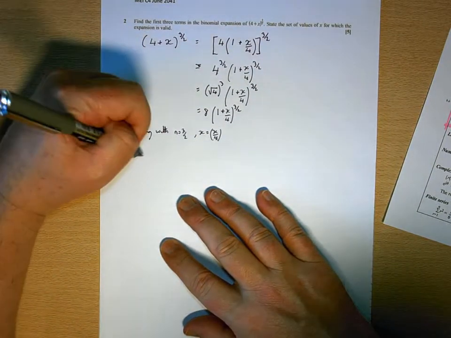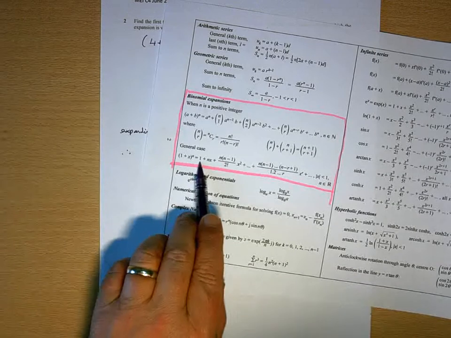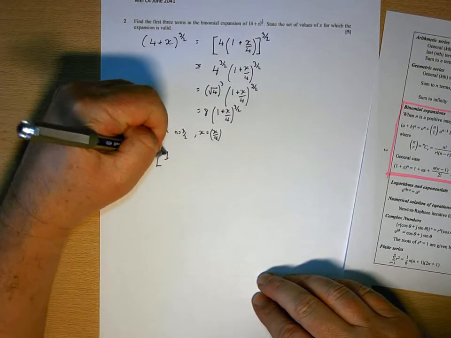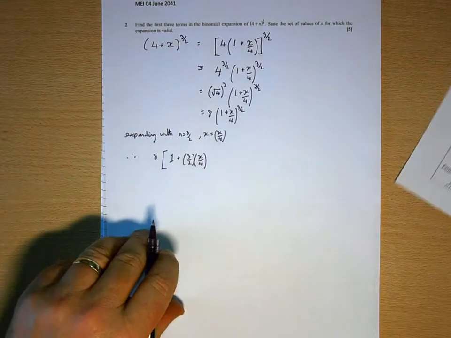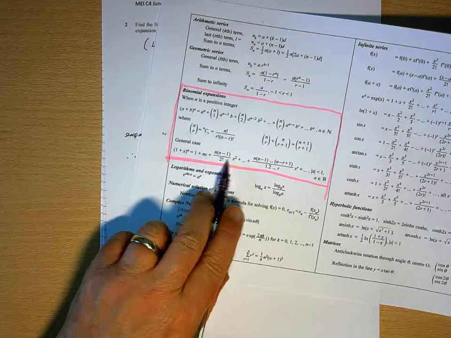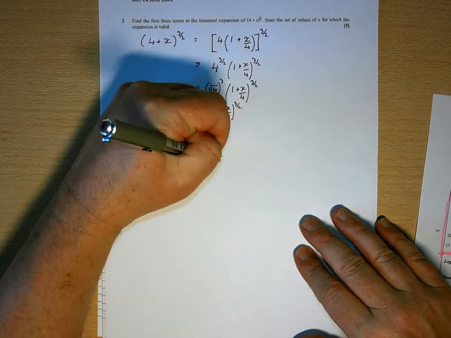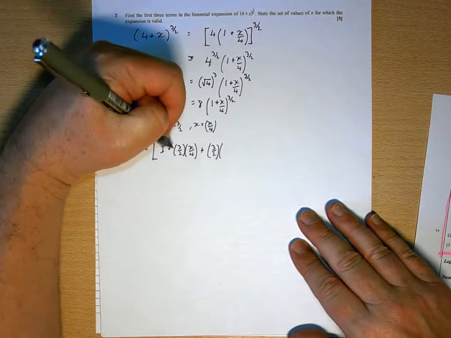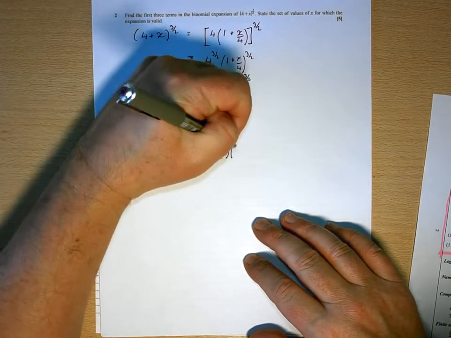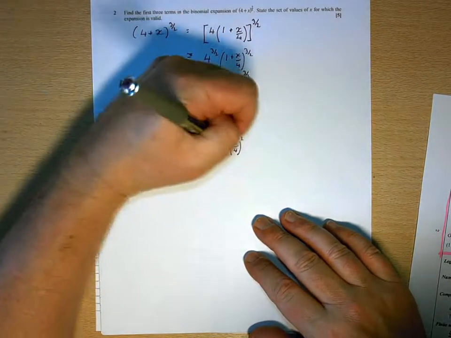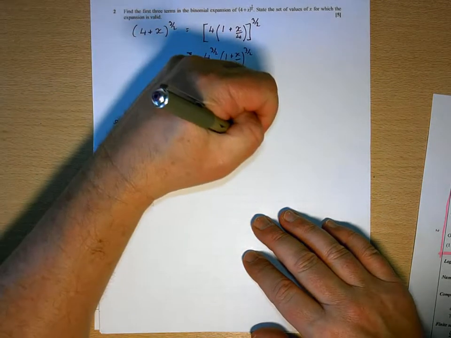So our expansion then will be 8, and then in case you're referring to this, 1 plus nx, so 1 plus n x plus n times n minus 1 over 2 factorial x squared plus n, 3 over 2 times n minus 1, well 3 over 2 is 1.5, less 1 is a half, x over 4 all squared, and remember the all over 2 factorial as well, which is the bit that's most commonly left out.